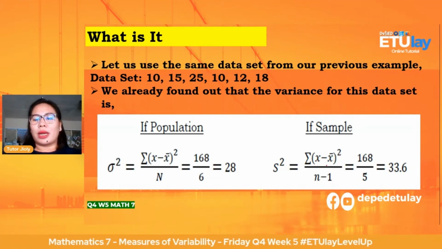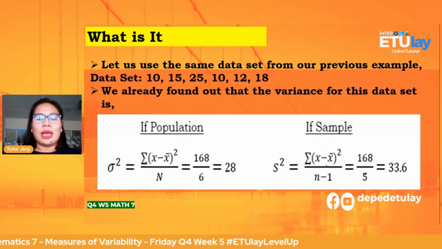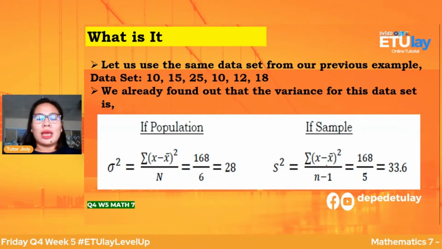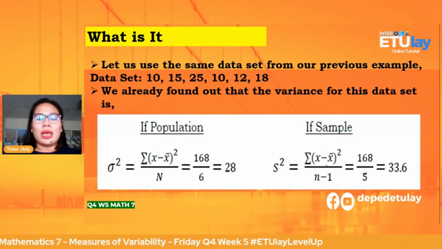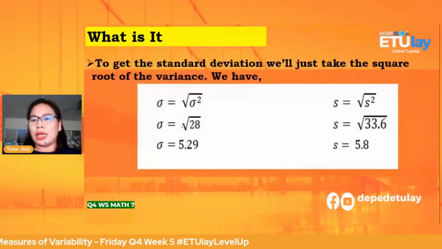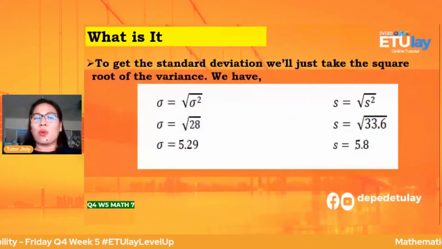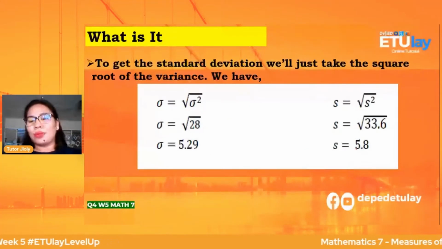We just simplify. So the square root is 5.8. We just take the square root of the variance we have.